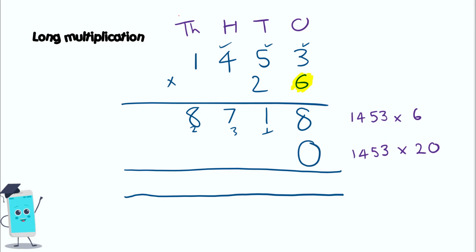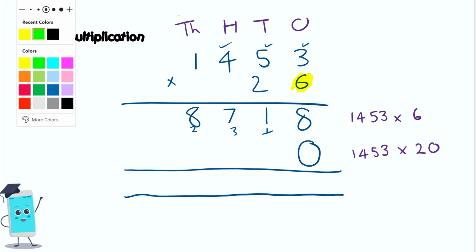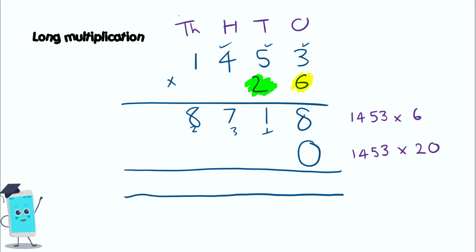I'm now going to move on to thinking about my 20, sorry. I've done my 6. So now I'm going to do the next row. We're now doing 1,453 times 20. So I've already put my placeholder in, so I can just think about my 20 as a 2. 3 times 2 is 6.